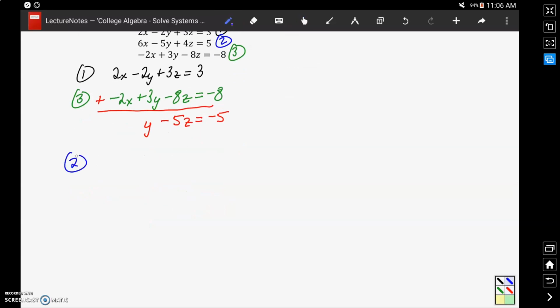Next, we'll choose equation 2 and equation 3. In order to cancel out our x variable again, we'll multiply equation 3 by positive 3.